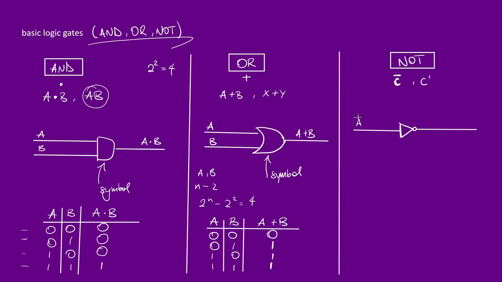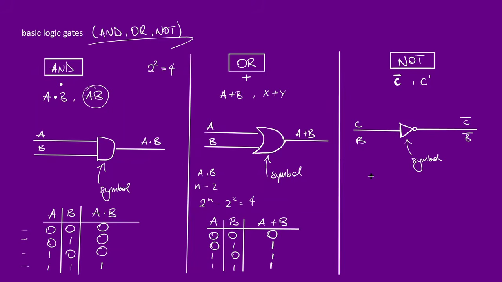If I have not A coming into my input, A is going to come out, since not not A is equal to A. So this is a binary principle. The same thing goes: if I have any binary variable coming in, C, not C is going to come out. If I have B, not B is going to come out. So that's how the NOT gate works. It's important to know that this is the symbol. You put the triangle and you put the little bubble in front of it to symbolize the negation.